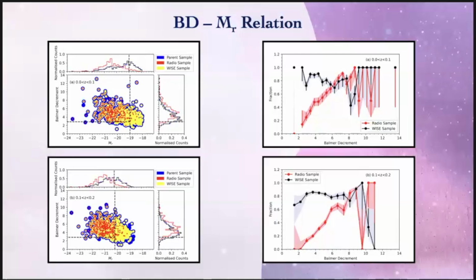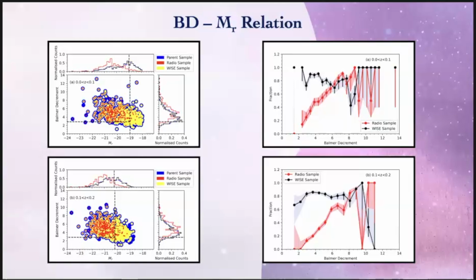And the dashed lines here, the vertical ones, are the magnitude limits for each redshift bin. The horizontal one is the nominal case B value of Balmer decrement, 2.86, which means that in normal conditions, the ratio of brightness of the H alpha to H beta emission line should be 2.86.